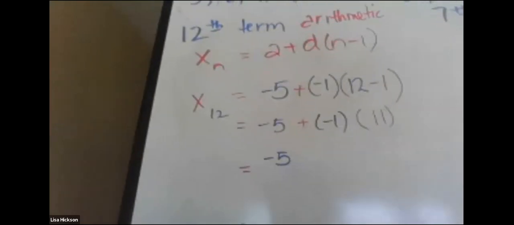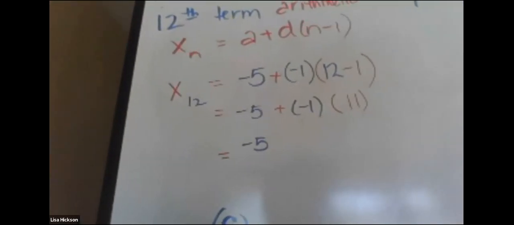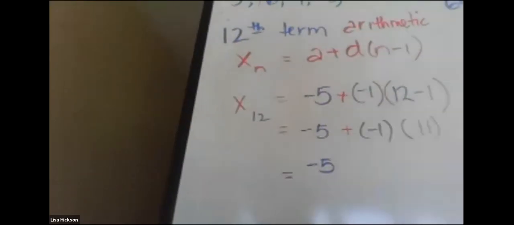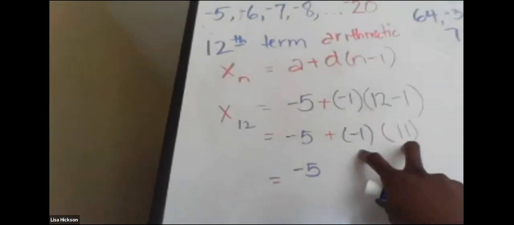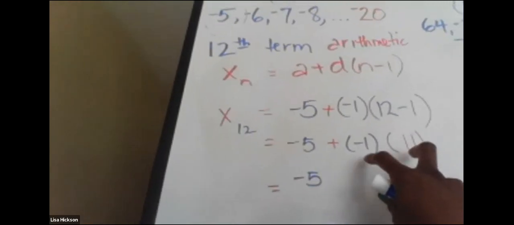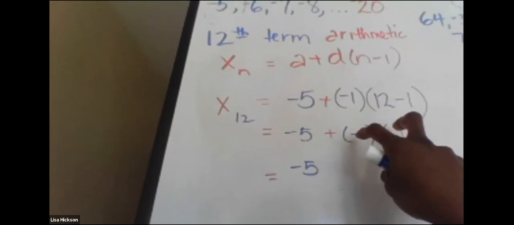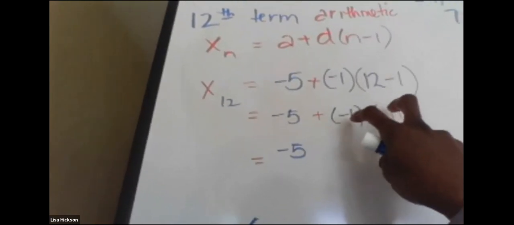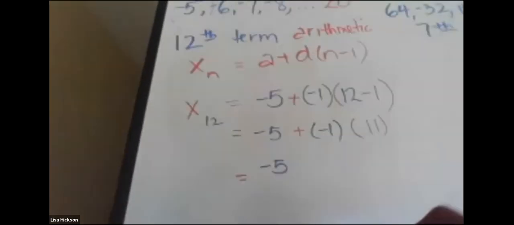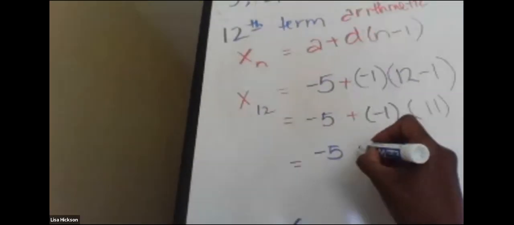Positive? It's positive, right? Nope. Got to be negative. When you're multiplying, the only time the answer is positive is if the signs are the same, be they both negative or both positive. So a negative times a positive is always going to give you a negative.